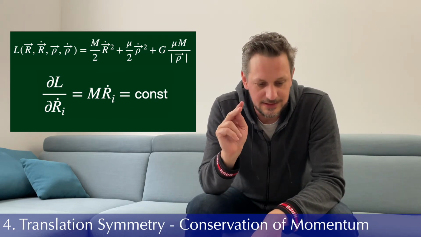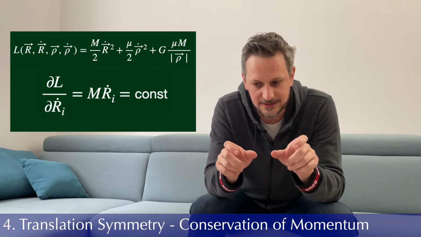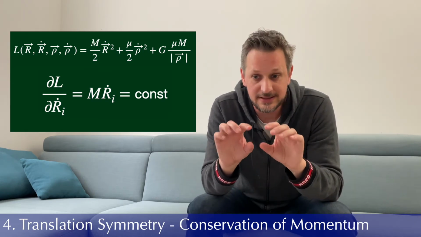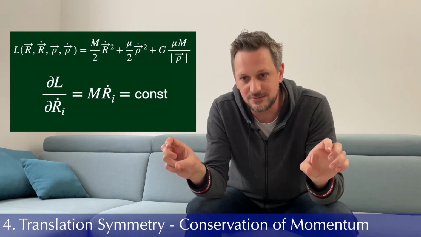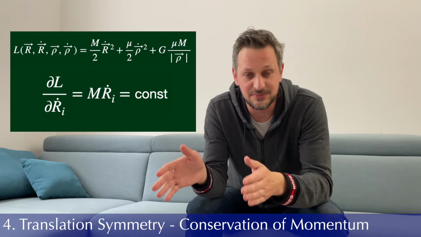Secondly, there are no terms containing both the center of mass coordinates and the relative coordinates, so we can separate this entire Lagrangian into two Lagrangians for both sets of coordinates. The Lagrangian for the center of mass is very simple.